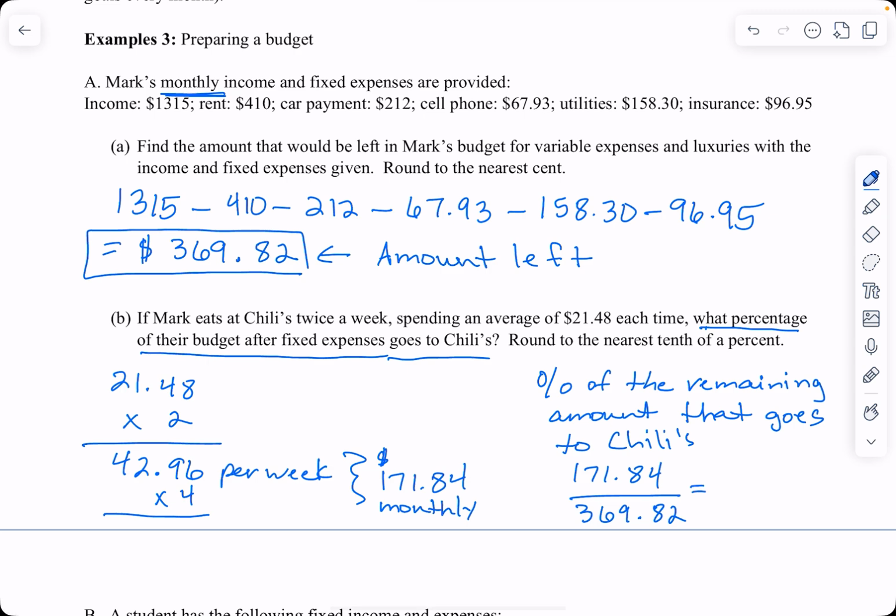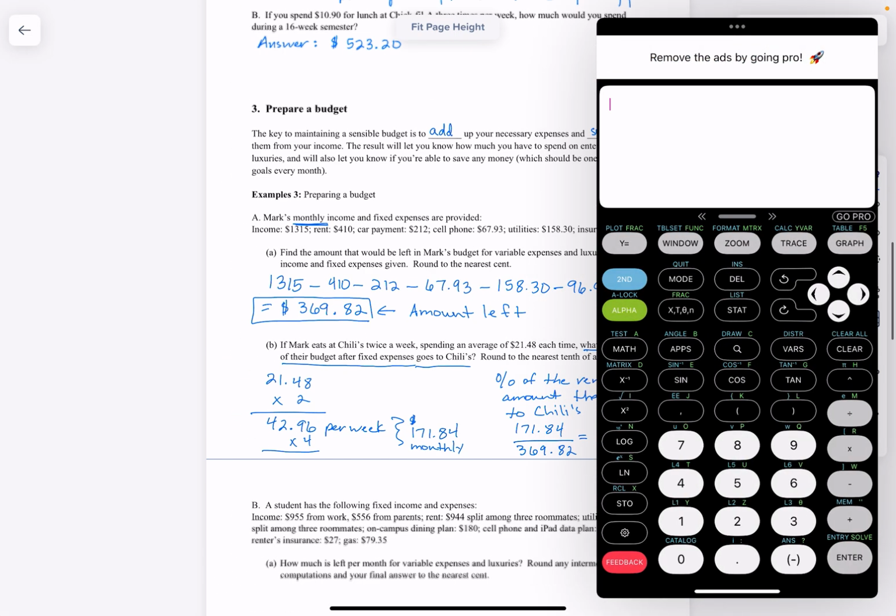Right? And then let's just do this one with our calculator. So we have $171.84 divided by 369.82. We get a decimal. So remember, the decimal does not represent the percent yet. We need to move the decimal 2 spaces to the right.